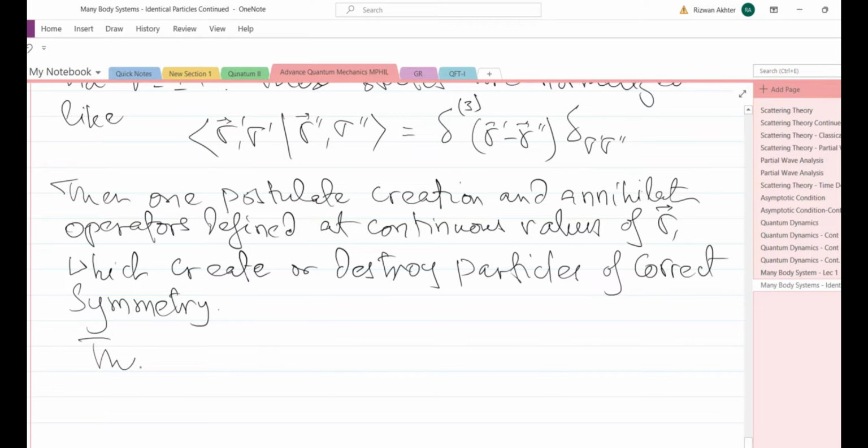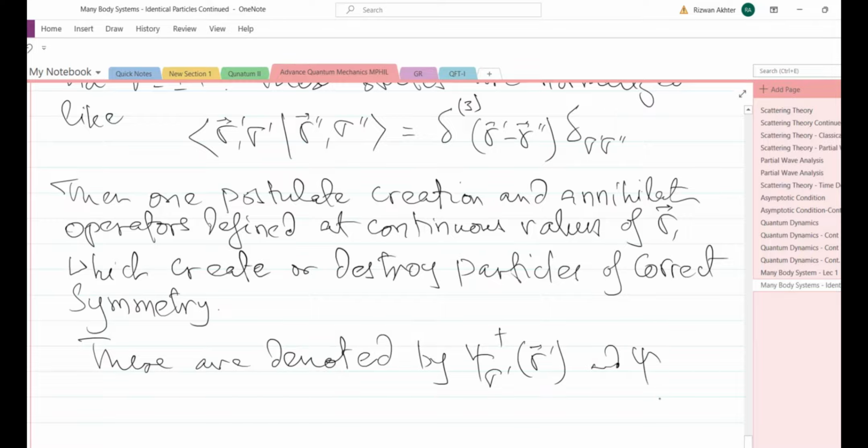So these are denoted by psi dagger sigma prime r prime, and psi sigma prime r prime.